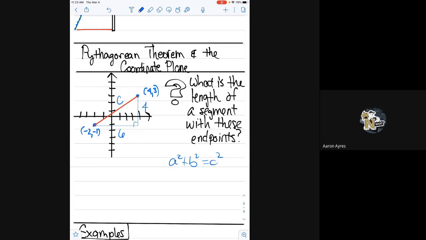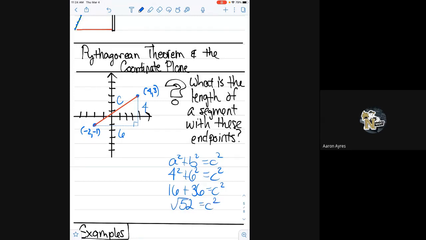All right, plug in your numbers. A and B don't matter. So then 4 squared plus 6 squared equals C squared. So 4 squared is 16. 6 squared is 36. This equals C squared. Those add up. I believe it becomes 52.